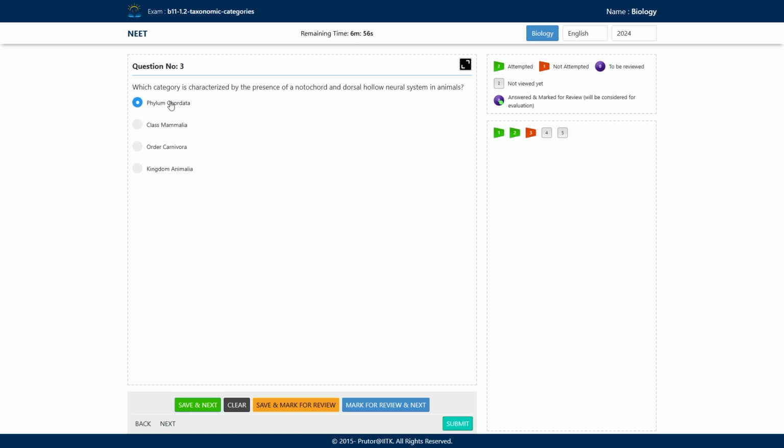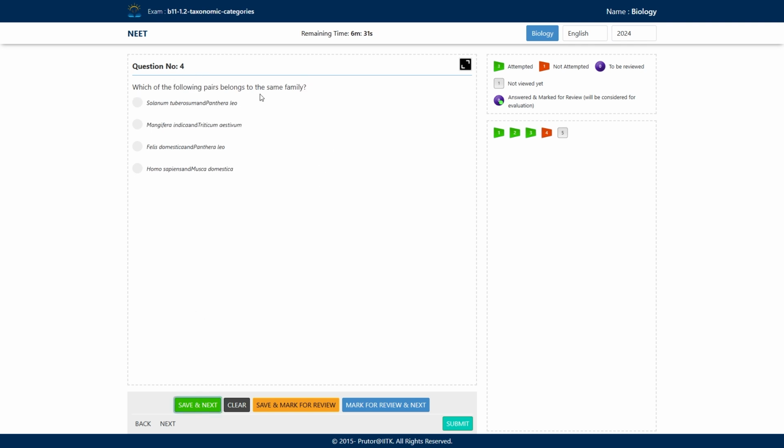The members of phylum Chordata have the notochord as well as the dorsal hollow neural system. Notochord, as I've told you, appears in the embryonic stage and it helps in the organization of the nervous system.